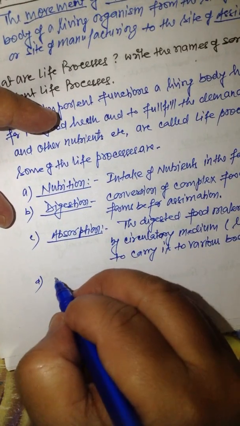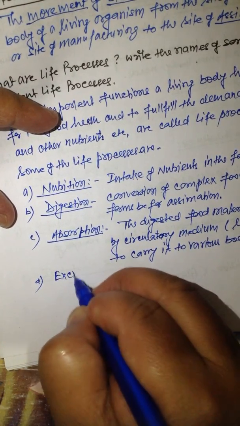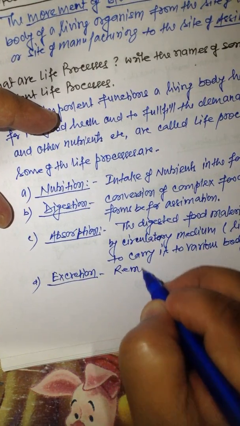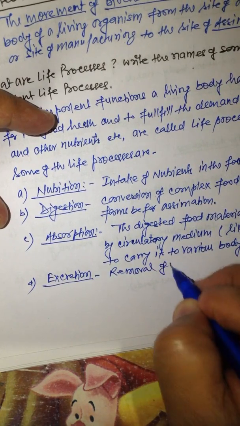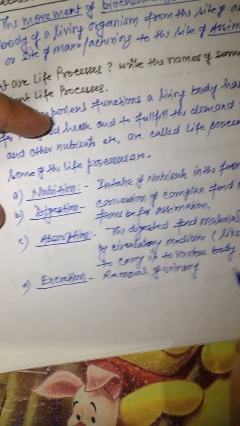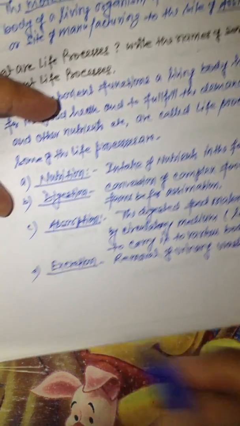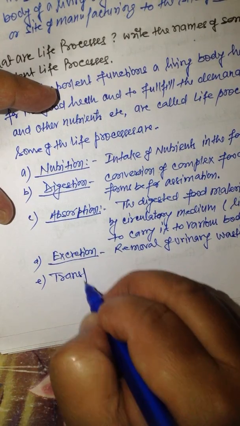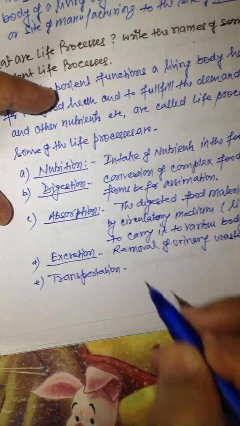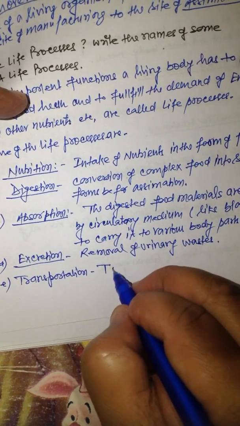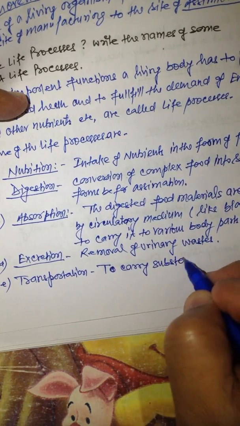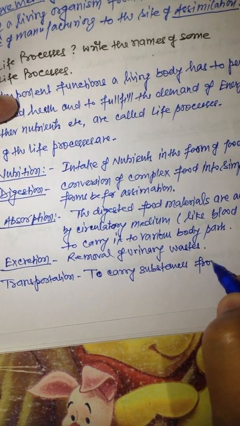Okay, next is D, excretion: removal of urinary wastes. Okay, and E, that is transportation: to carry substances from one part of the body to another.